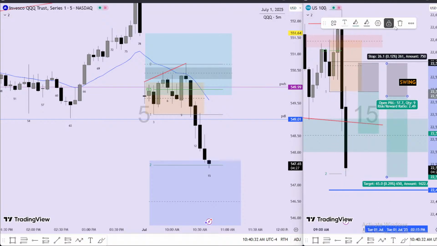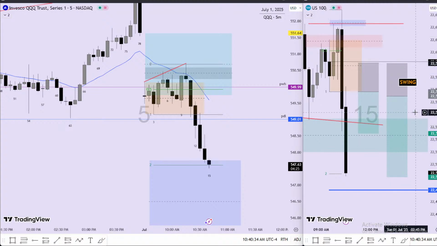Okay, two standard deviation of this move. The target of 68 points, risking 24 points.